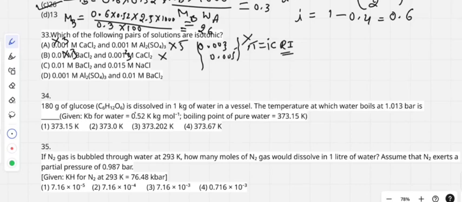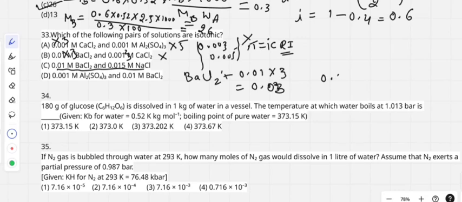So here I come to option C. For option C, for barium chloride, BaCl2, 0.01 is multiplied by i for barium chloride, which is 3. So this is 0.03. Next, for 0.015 molar NaCl, here i is equal to 2.